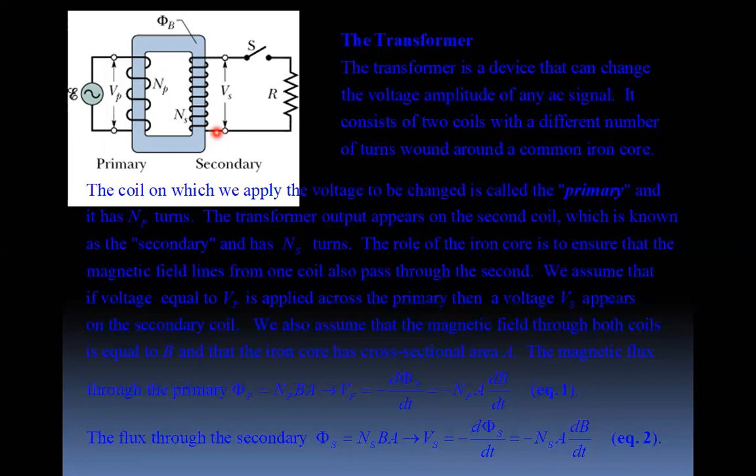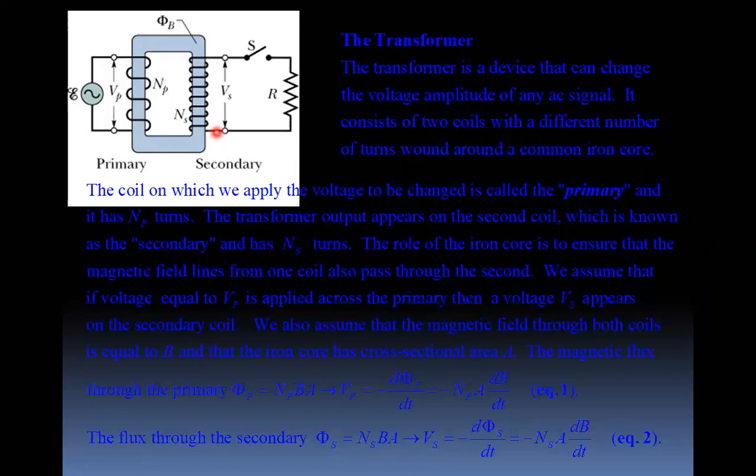The role of the iron core is to ensure that the magnetic field lines from one coil also pass through the second. So we assume that if the voltage Vp is applied across the primary, then the voltage Vs appears on the secondary coil. We also assume that the magnetic field through both coils is equal to B, and the iron core has a cross-sectional area A. Then what is the magnetic flux through the primary?